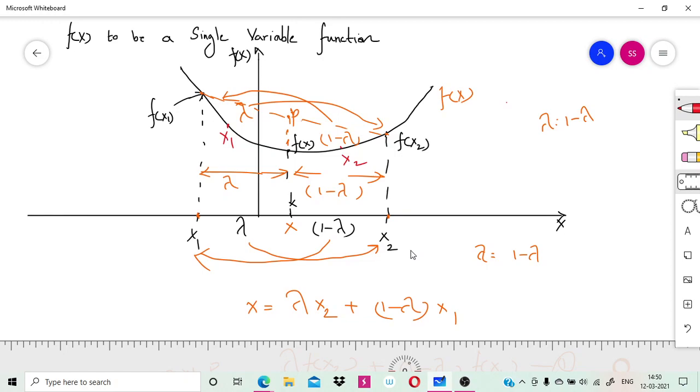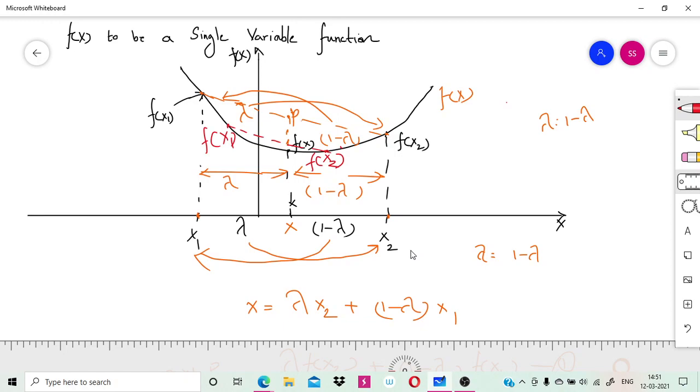Then you draw a line joining these 2 points, f of x1 and f of x2, on the graph.